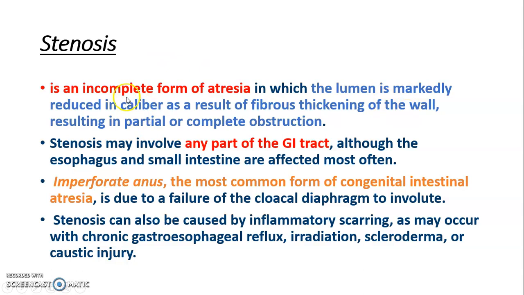So, it is an incomplete form of atresia. Stenosis may involve any part of the GI tract, but the esophagus and small intestine are affected more often. The imperforate anus is a common form of congenital intestinal atresia.